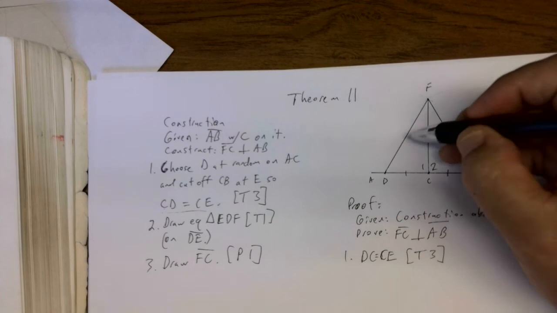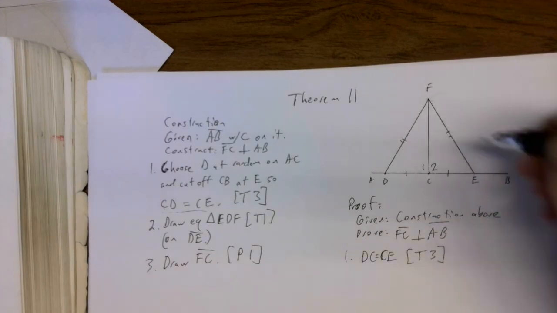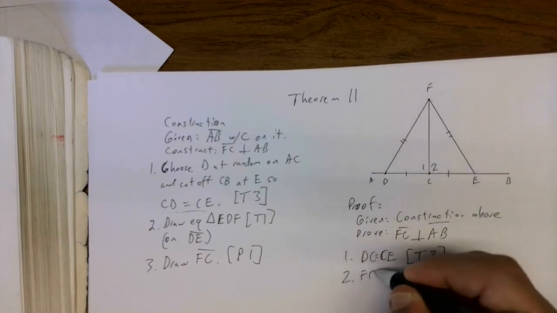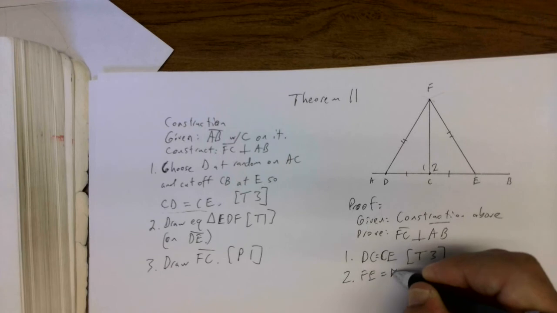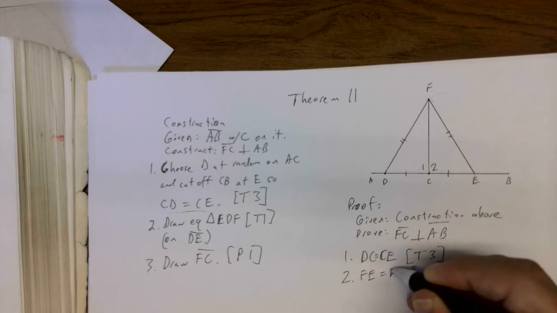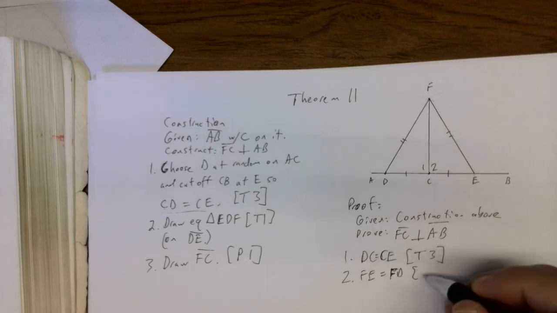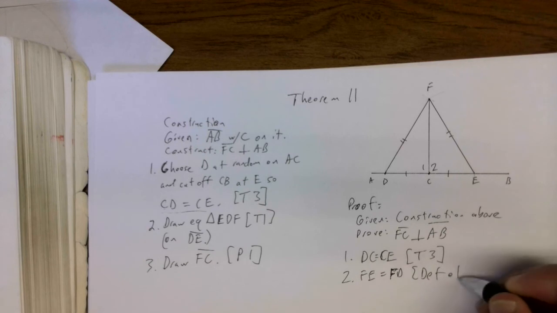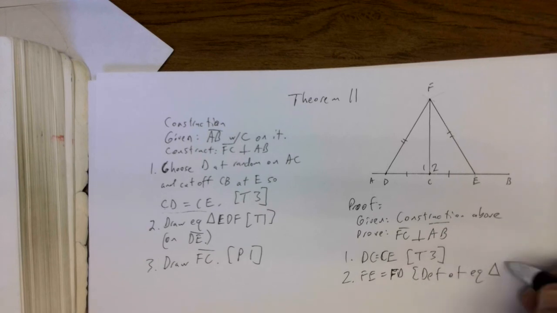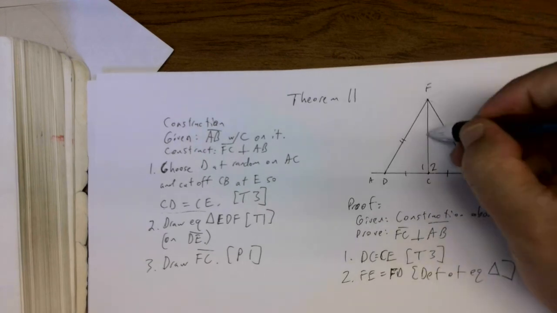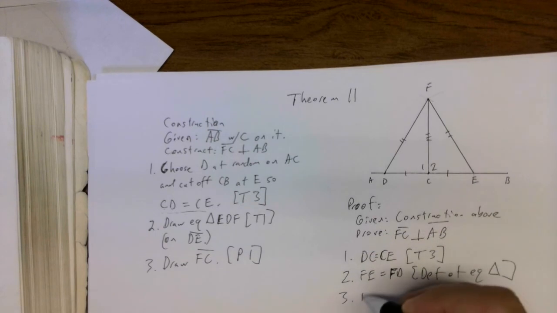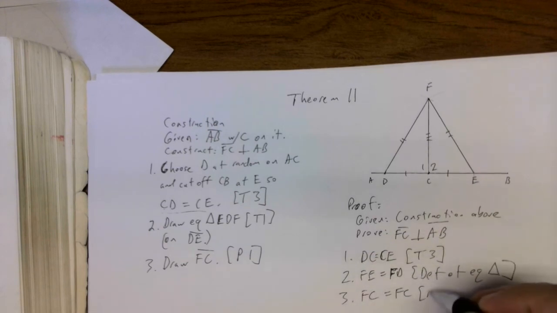And then we also know FD is equal to FE. I wrote them in the opposite order that I said them. That's okay. And that's because of the definition of equilateral triangle. And we also know FC is equal to itself. And that's because of axiom 4, or reflexive.